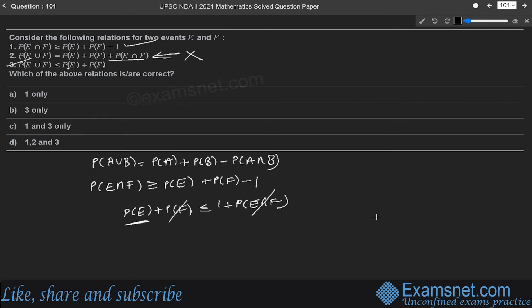It means that statement 1 is also correct. So we can say that for this question 1 and 3 are correct. So the correct option here is option number C, which is 1 and 3 only.